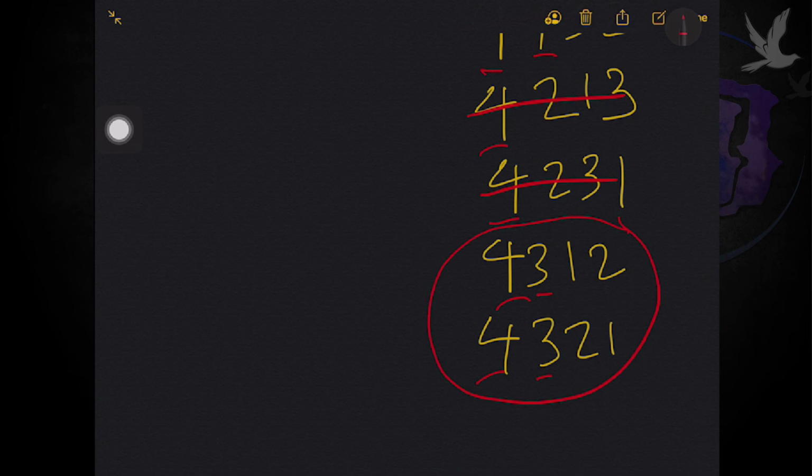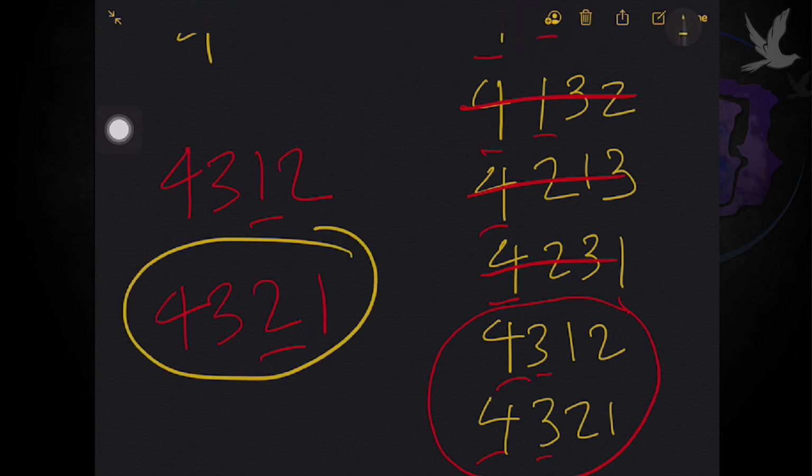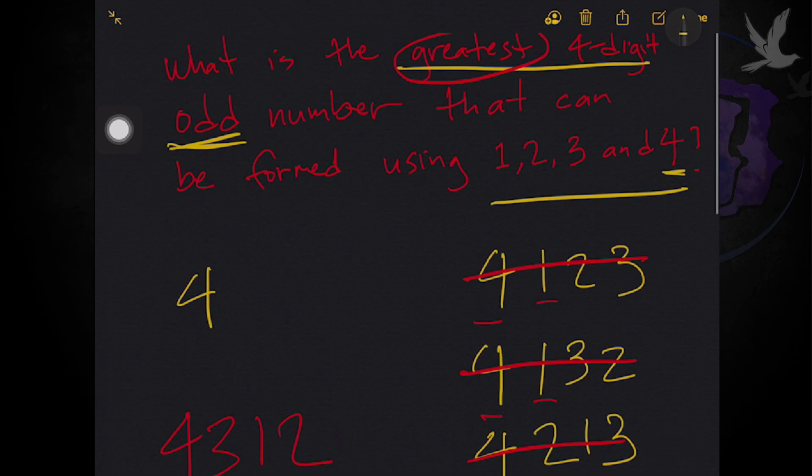Now we have to choose between 4, 3, 1, 2 and 4, 3, 2, 1. For the tens place, obviously 2 is greater than 1. So we can say that this is our winner right away. But we have to meet the condition. It says, what is the greatest 4-digit odd number? What do you mean by odd again?